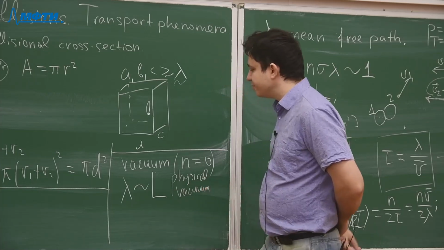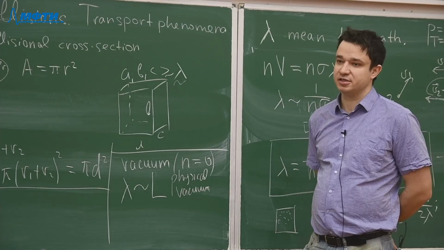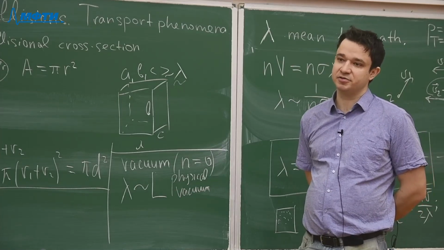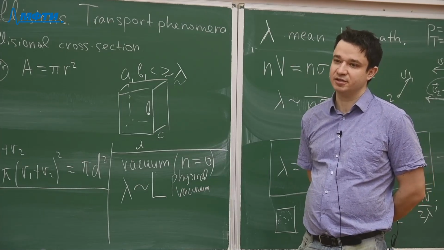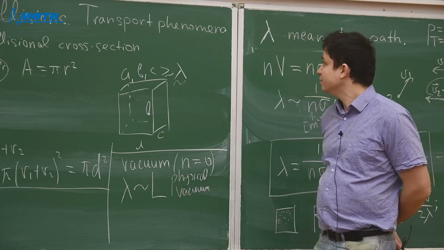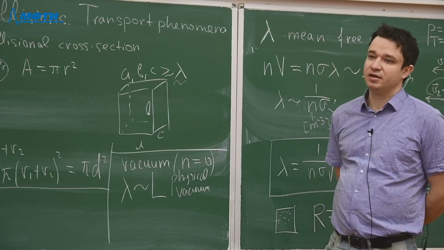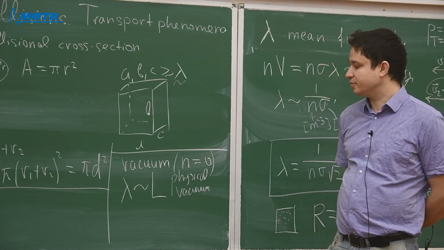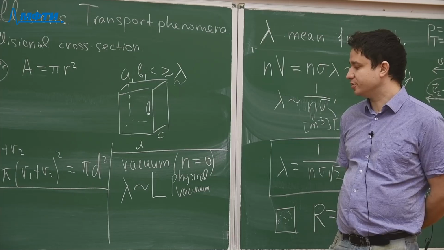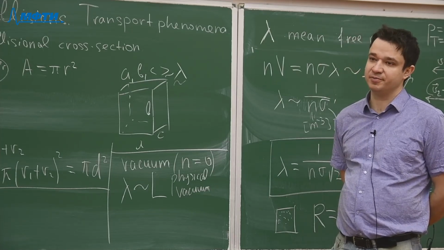That's very important because the behavior of the gas changes drastically as you decrease the number density to the point where lambda becomes equal to this L. As you see from previous formulas, lambda is inversely proportional to the number density. So as you decrease the number density, lambda increases.